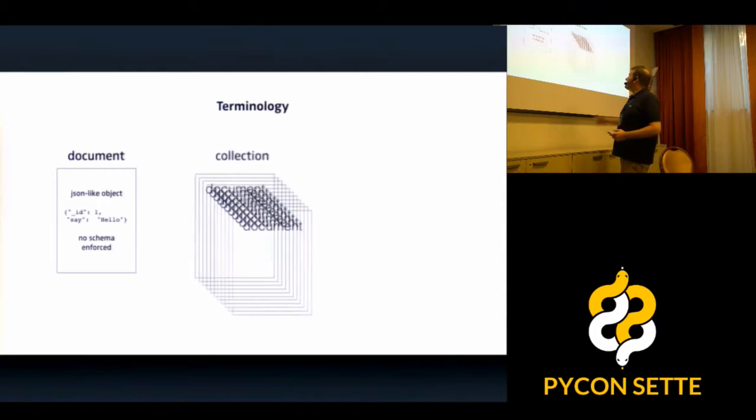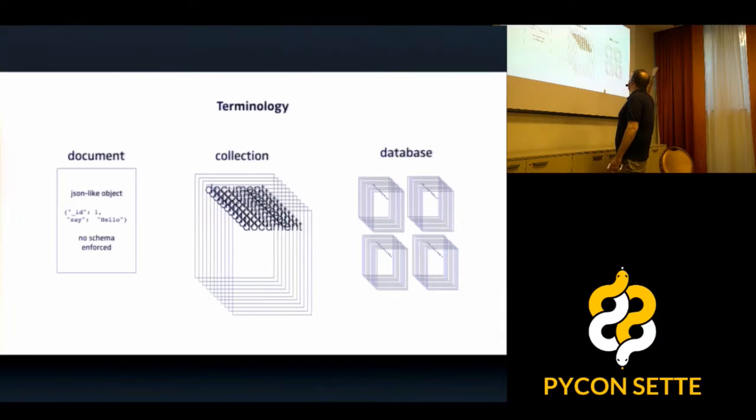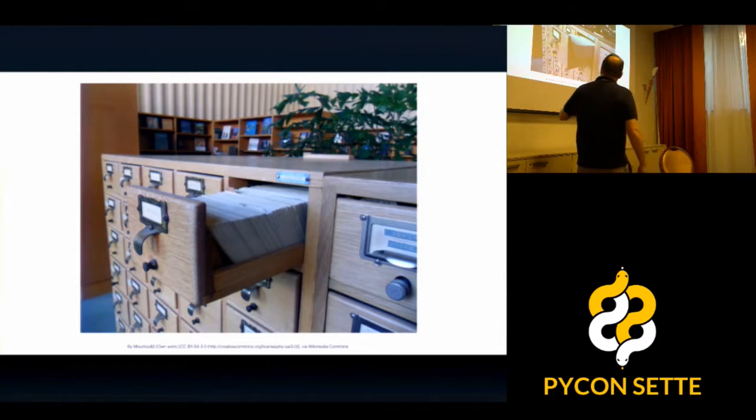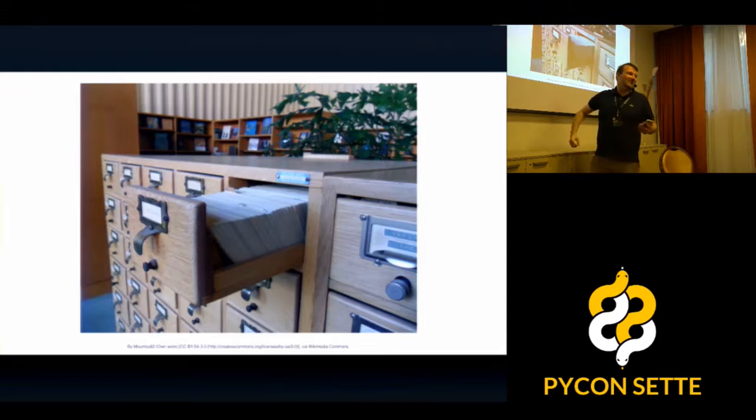We store these documents in collections, which are basically like tables in the relational database world, and multiple collections make our database. The best physical representation I found for document-based storage is a drawer like this. We can imagine the whole thing as a database, the drawer is our collection, and the cards are our data, the documents we store.